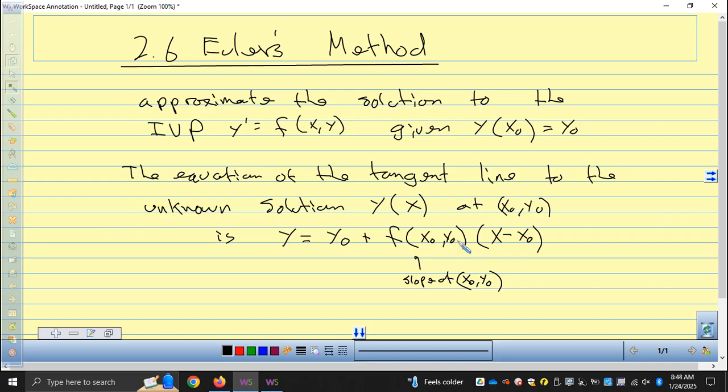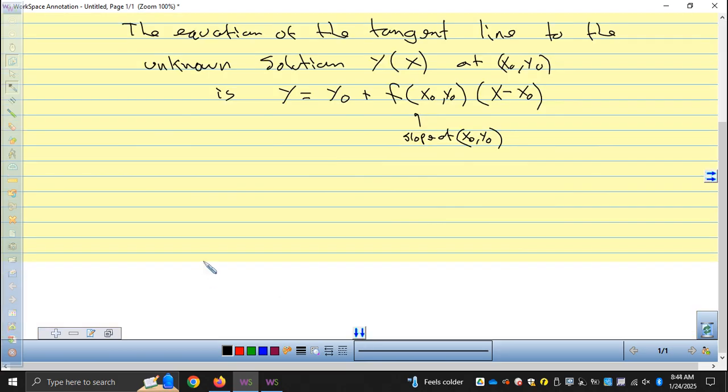Just a reminder, we've talked about this a number of times in various contexts. We call this the linearization of y of x at that point.